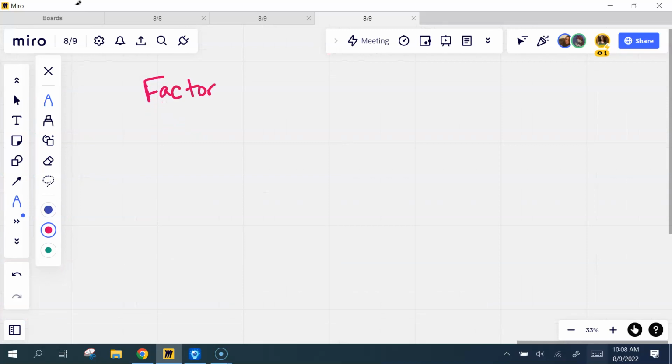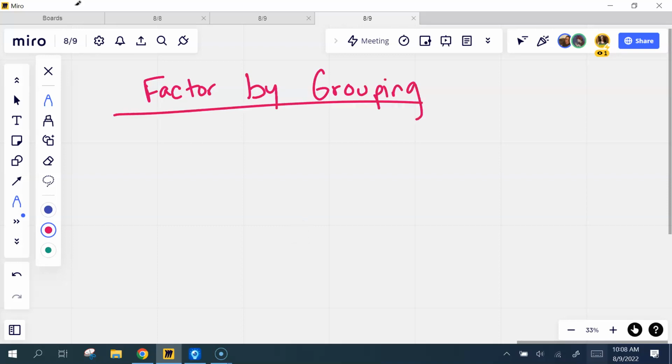What method did y'all learn to factor? Does anybody remember? I'm just curious what they're teaching at the middle school, how they teach you that. Like two factors of P that add up to P. You're actually really close.